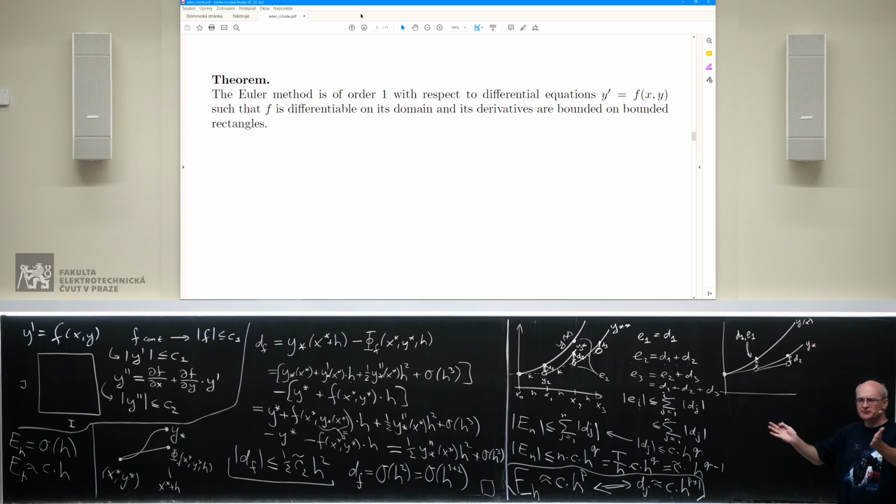And they can easily spread out, or perhaps they can converge. We do not know. That's the problem. So when we took this, let's say E1, and we moved it here, we were in fact talking about this distance. And there's still a gap that we didn't fill. So E2, which is the distance between these points, the actual solution and my approximation, E2 is E1 plus D2 plus something.